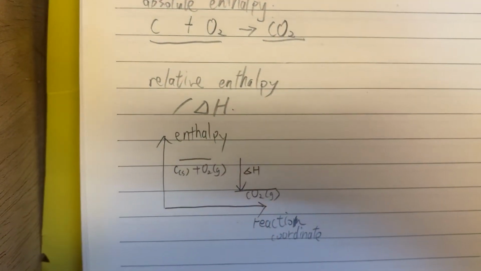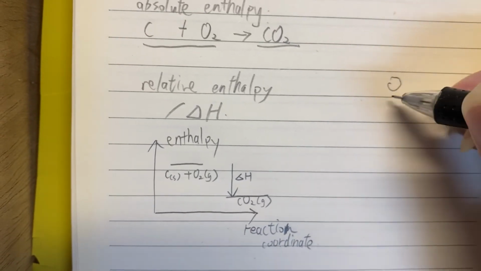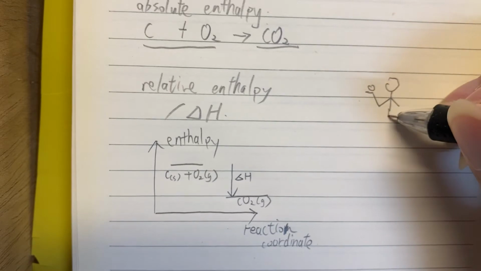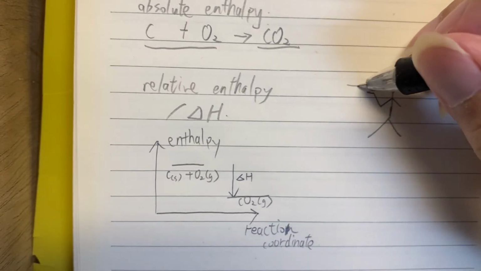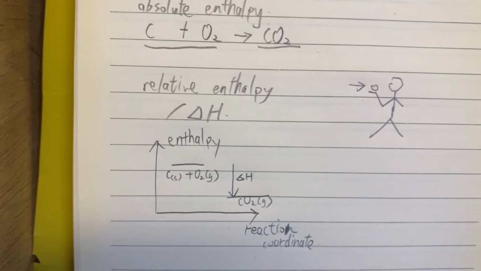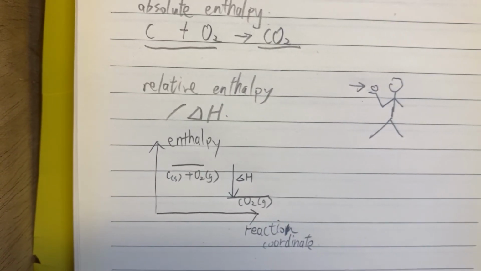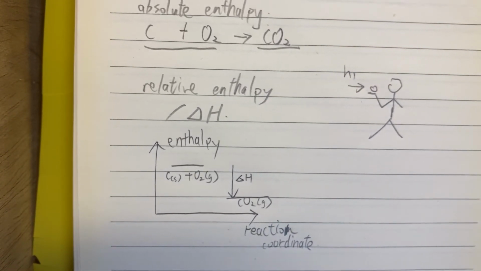And if you do not know what this means, I can use some physics to help you understand. If there is a person holding a ball, then how much potential energy is stored by this ball at this position? Maybe we call it H1.